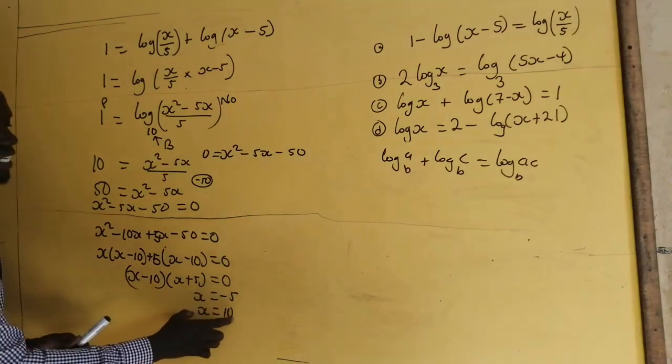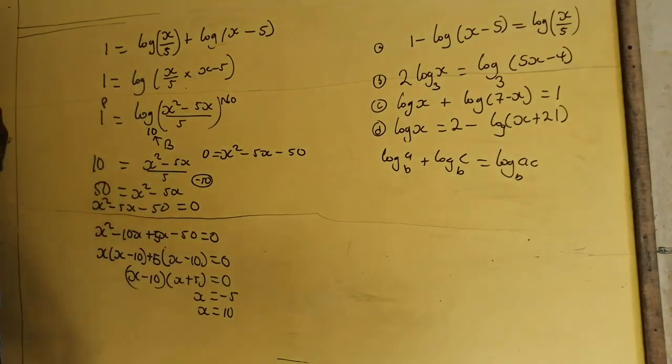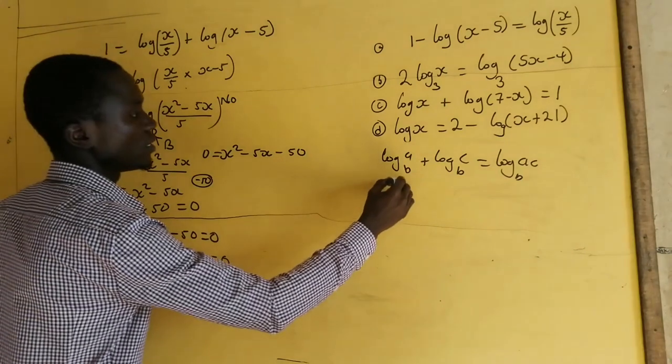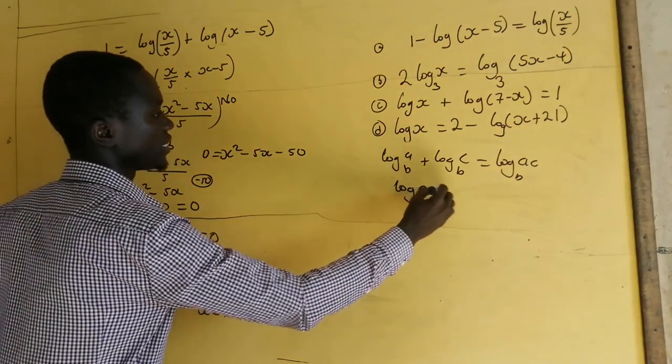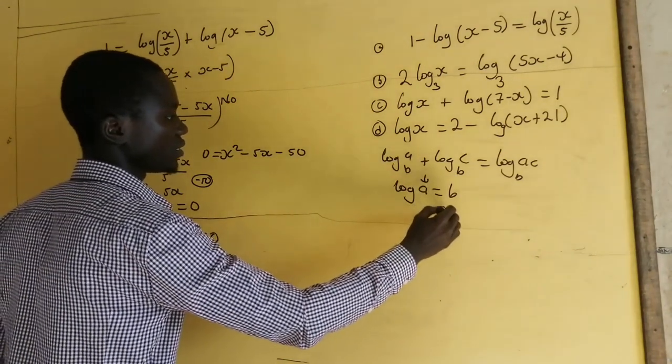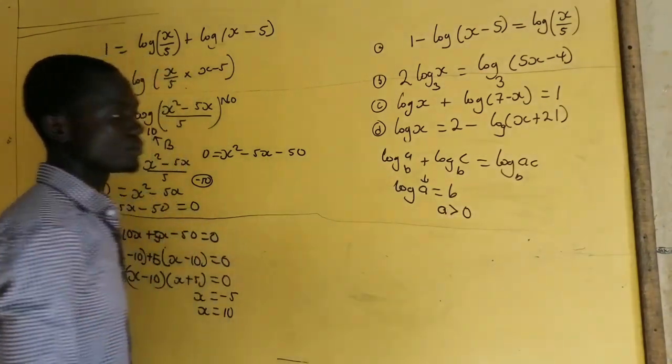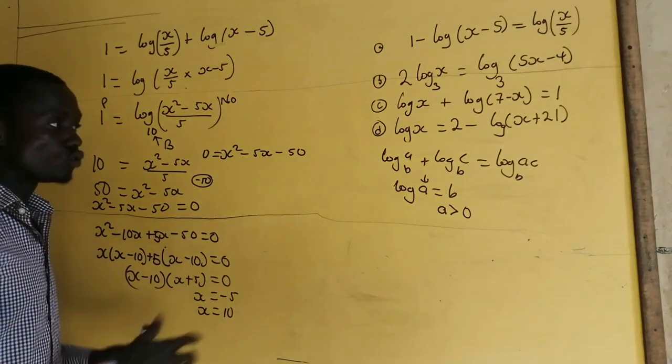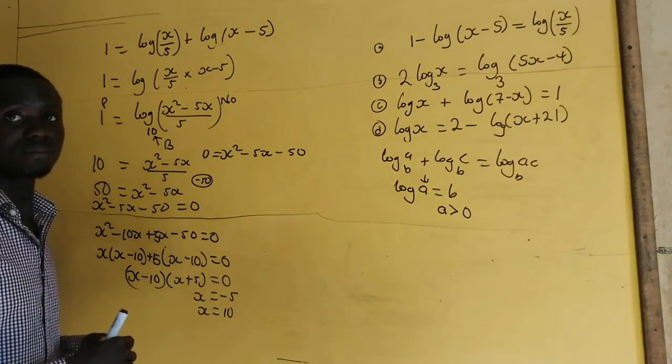Now, let us check which of these fits into the equation. Remember that if log A is equal to B, then this A is greater than 0. That is the domain of logarithm.